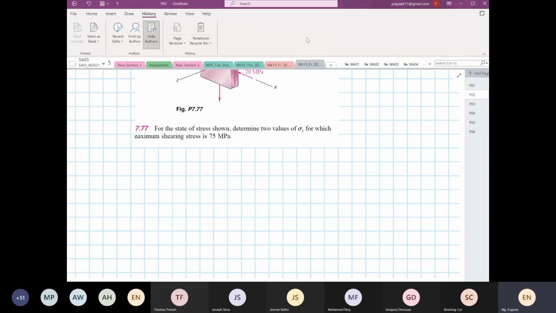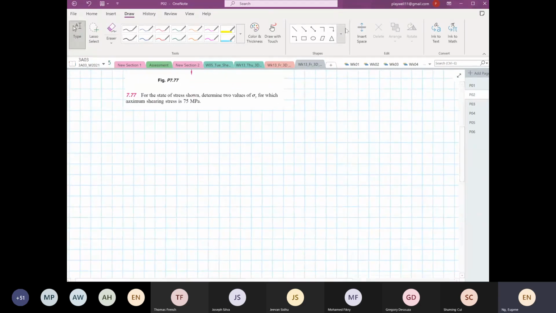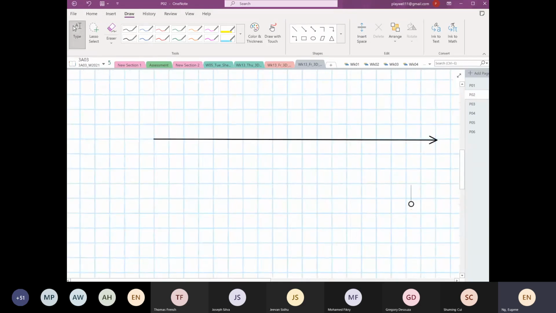So I'm going to draw again. I'm going to draw a scale. I'm only going to draw half. I don't need to draw the whole length because now we know the limits. That was my purpose, to show you the limits. So we start with minus 160, 140.